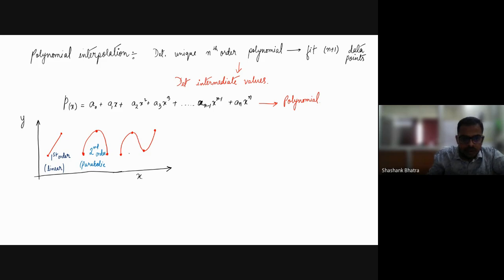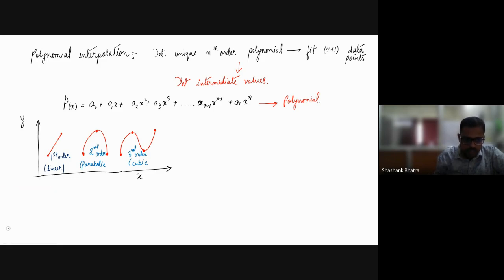And then your third order polynomial, third order equation, it will be your cubic. So these are the basic ideas that I wanted to impart to you about the polynomial, what you mean by a polynomial expression, etc. Now, what is our aim?